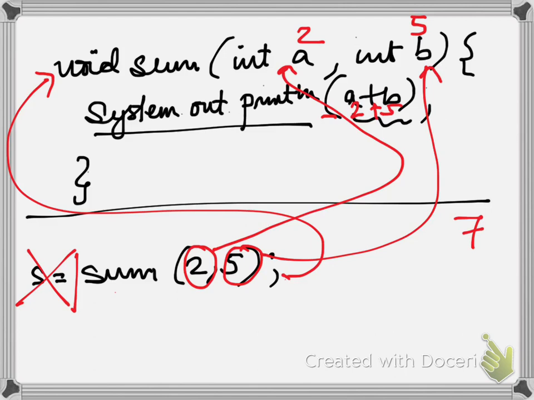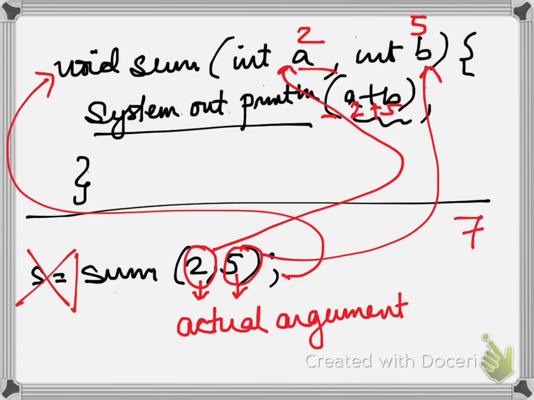And here, two things to remember. When we are passing 2 and 5 here, these are known as the actual arguments or actual parameters. Whereas this a and b out here are called formal arguments.